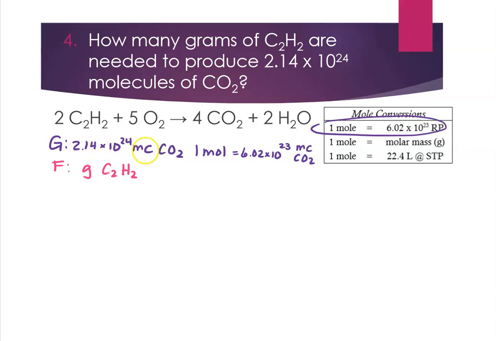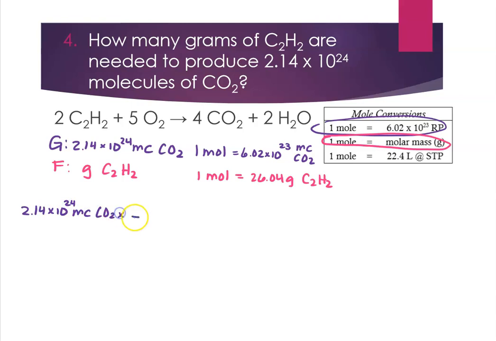And then I'll do mole ratio, and then I'll need to do moles of C2H2 to grams. So my gram conversion is molar mass. So 1 mole of C2H2 is equal to 26.04 grams of C2H2.